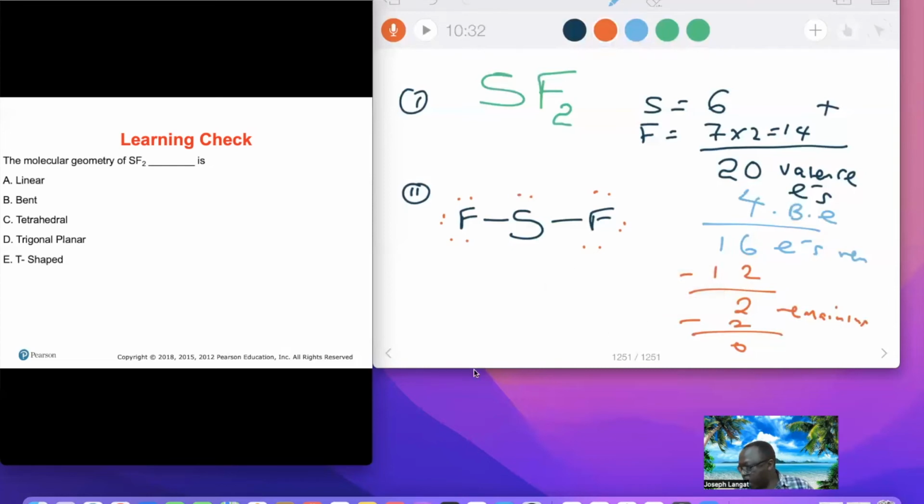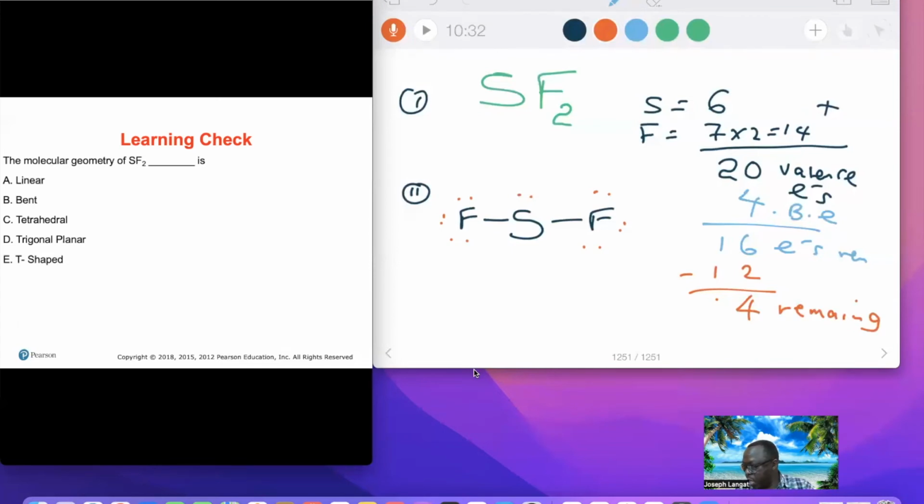Yes, this is where I made a mistake. 16 minus 12, we remain with 4 remaining, not 2. No wonder I was not getting the remaining electrons.